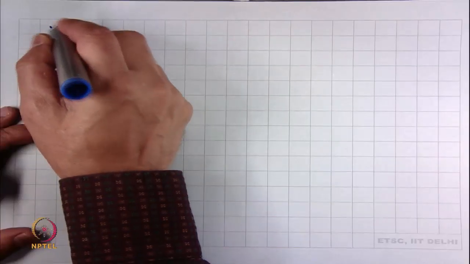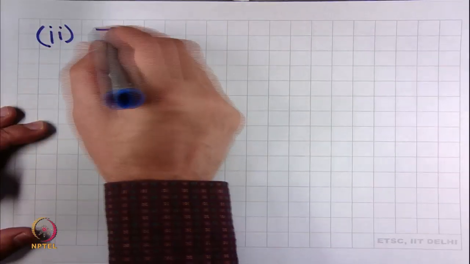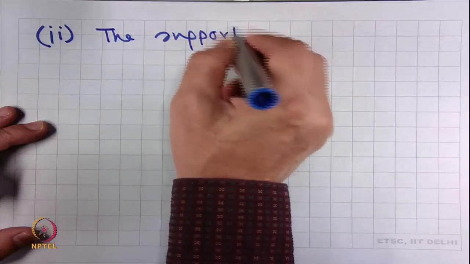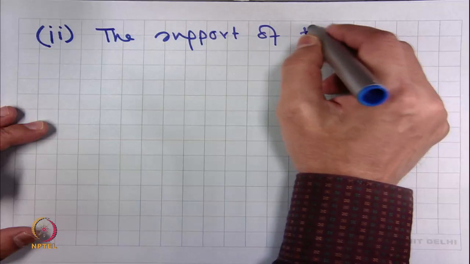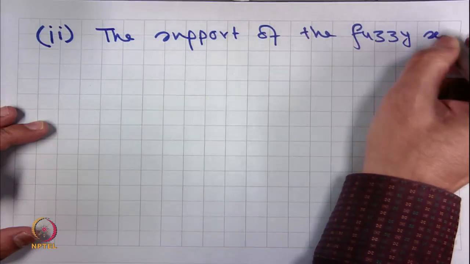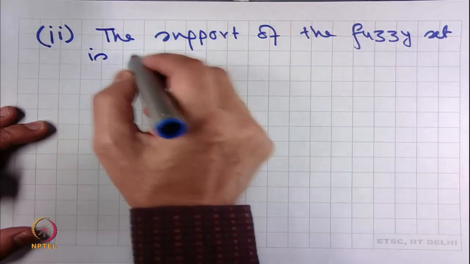Second assumption: the support of the fuzzy set is bounded.